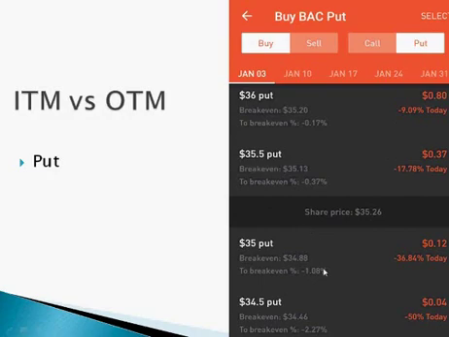And the one trading below $35.26 is out of the money. However, if Bank of America sells off tomorrow when the market opens to $35 or $34.90, this $35 put is going to be in the money because the underlying stock is trading below the strike price. So for the put side, it's the opposite of the call side.